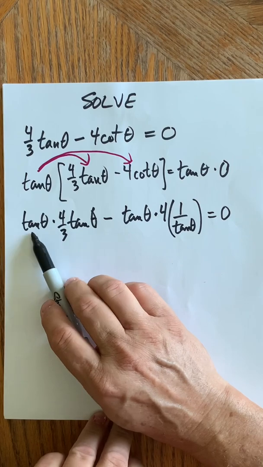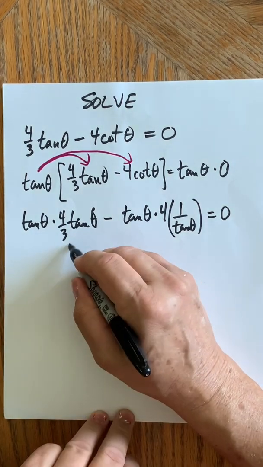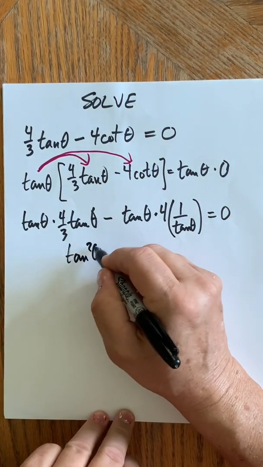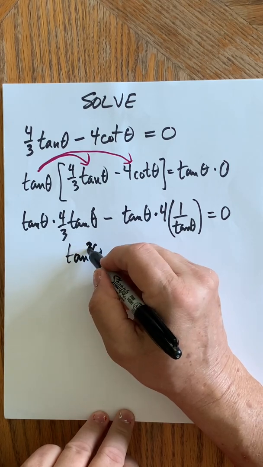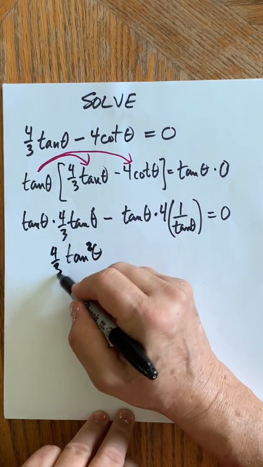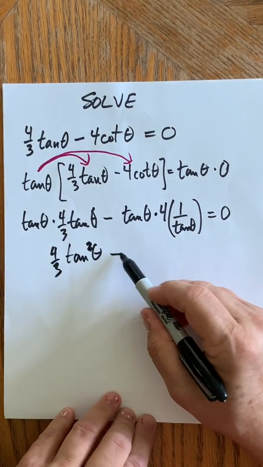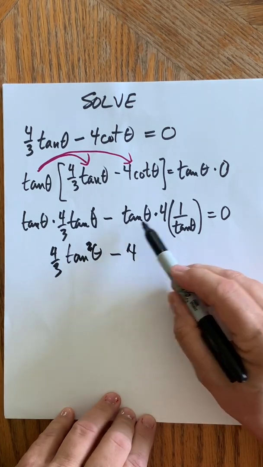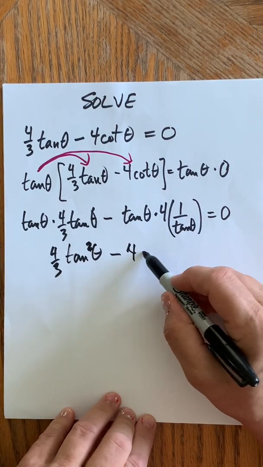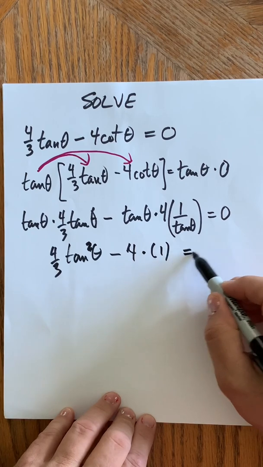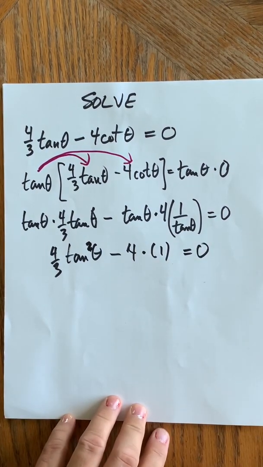So here you have tangent theta times tangent theta, which is tangent squared, and then you have the coefficient 4/3 out in front. Now let's pull that coefficient 4 out, and you'll have tangent times 1 over tangent, which is 1. So really I have 4/3 tangent squared theta minus 4 equals 0.